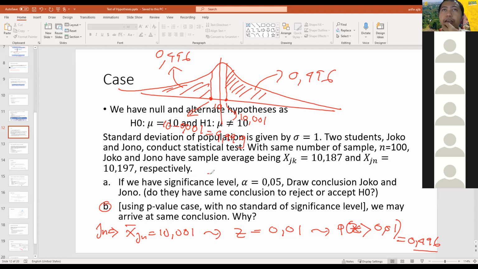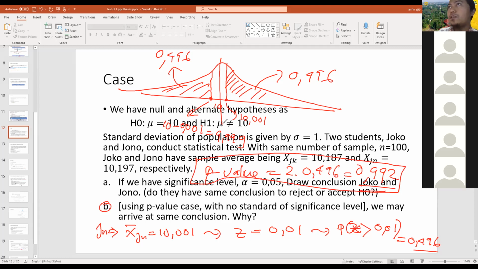So for the p-value, ini 2 kali 0,496. Ini hampir 1 ya, hampir 0,99. P-value-nya segitu. Okay, thank you, Hanif, for your correction.